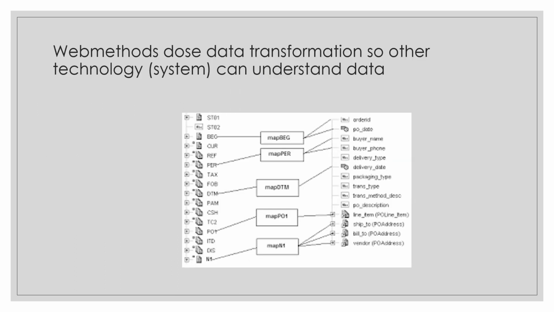Many times I said that we are changing format from one format to another in Webmethod. This is a small image where mapping is happening from one format to another format. One field goes to another field, or might be one field goes to 10 different fields, or changing a format. For example, date format DDMMYY.